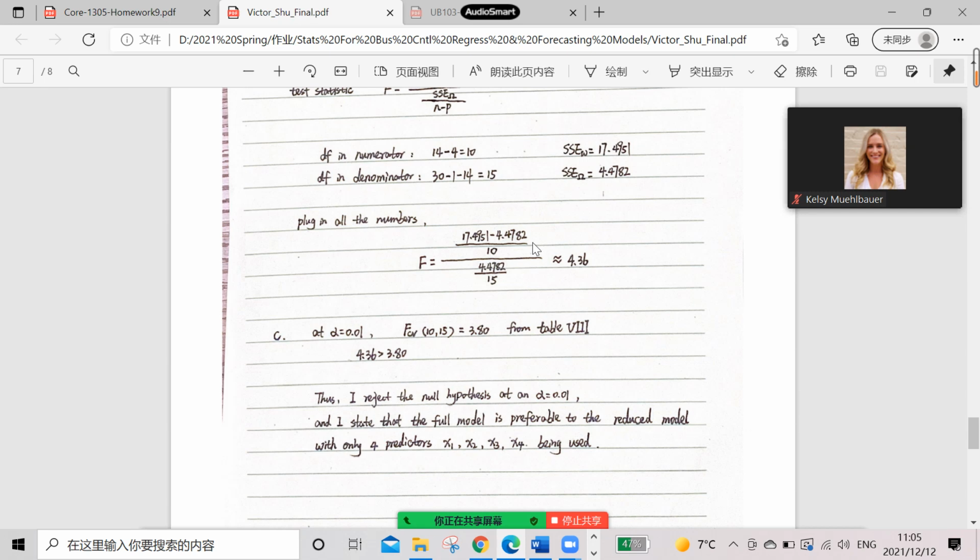Maybe I can get a different result and choose a 6 or 8 predictor model. But the way we compare is one by one. After doing the F test, I don't know what the best model is or how many predictors I should choose. But what I know is that, comparing the 14 predictor model and the 4 predictor model, I would choose the 14 predictors.